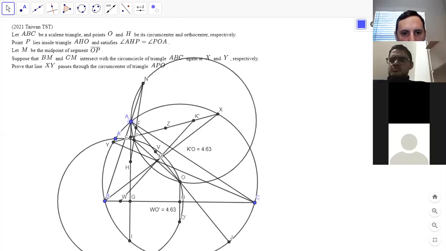Let me see if I can find some congruent triangles again. So if these circles are the same.